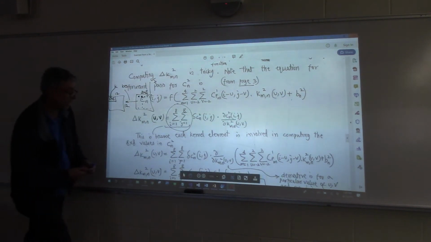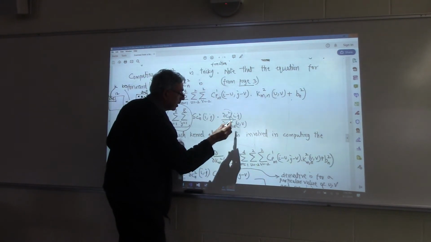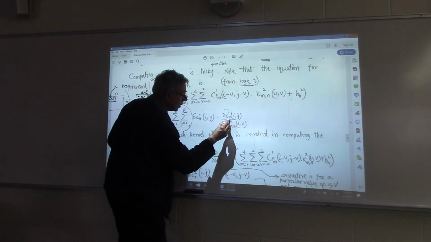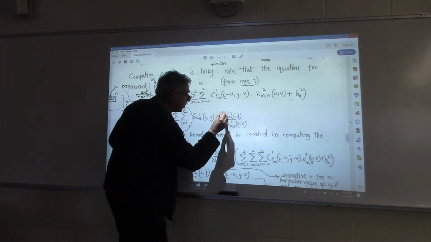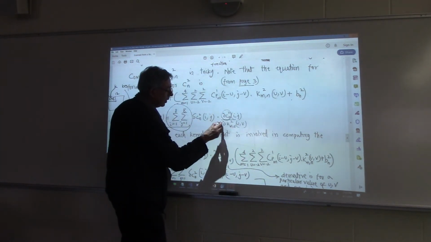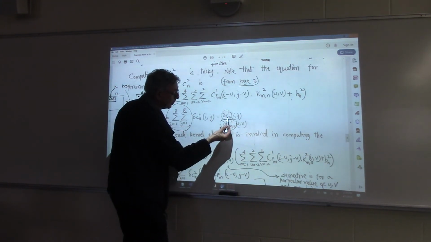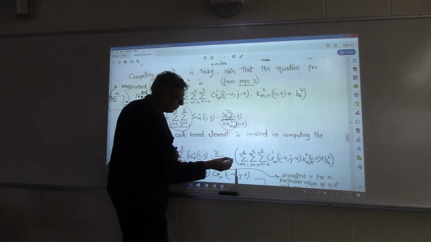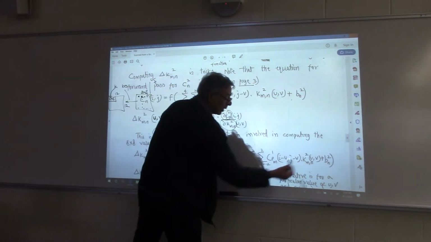The forward equation for Cn of 2 was this sum of 4, then applying the convolution.